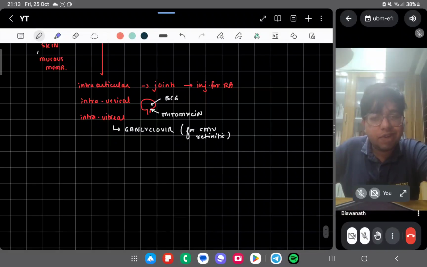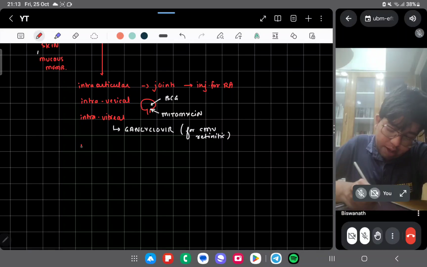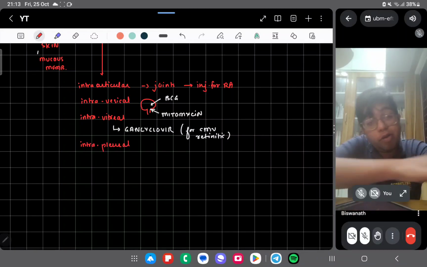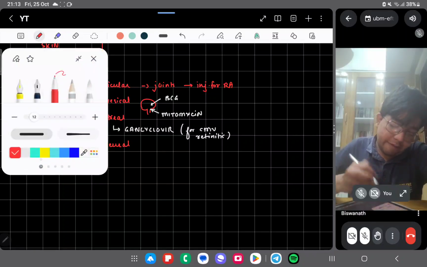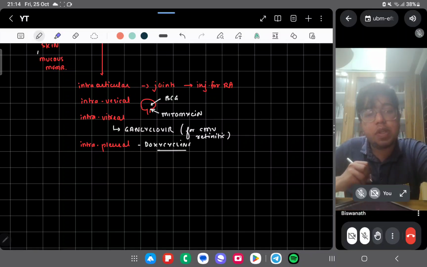It may be painful also. Some intrapleural drugs are there, in the pleural space. We have doxycycline. Doxycycline is given by a variety of routes. Orally, doxycycline is a very effective drug used in routine medical practice.